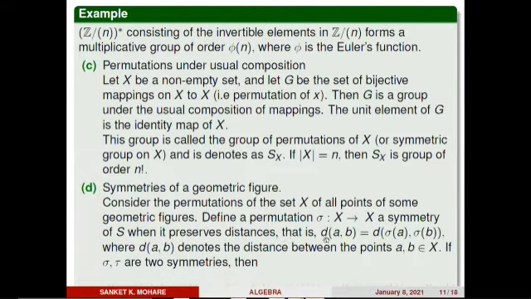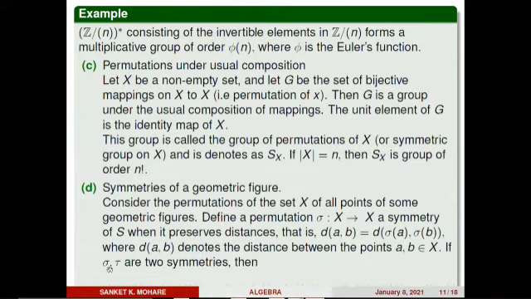That is, d of a comma b is equal to d of sigma of a comma sigma of b, where a and b are elements of this set X, and d of a comma b denotes the distance between the points a and b.